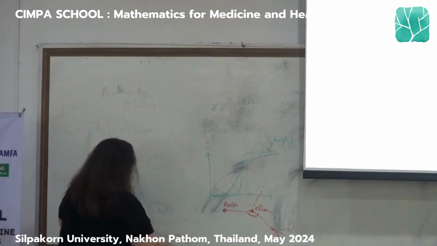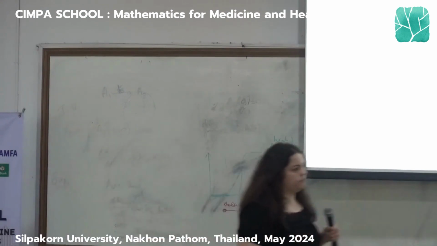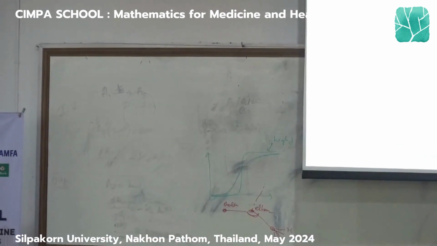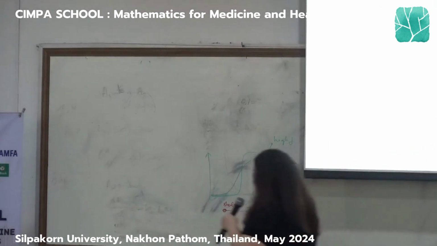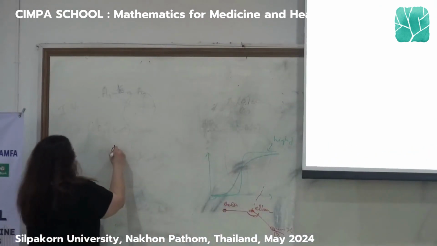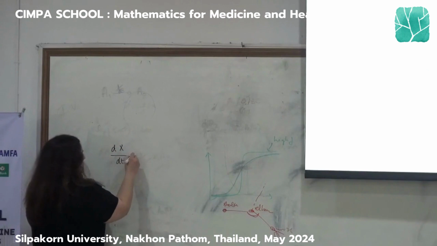Then the zero order term would just be dX/dt equals K0.